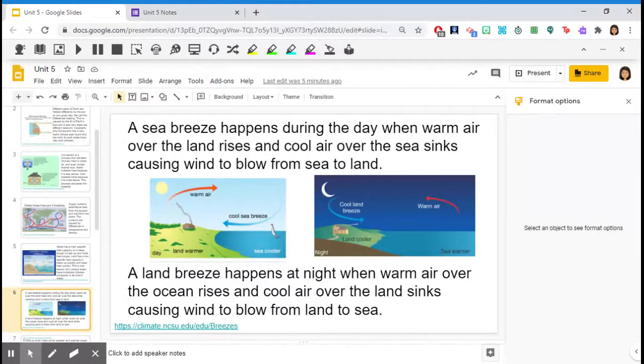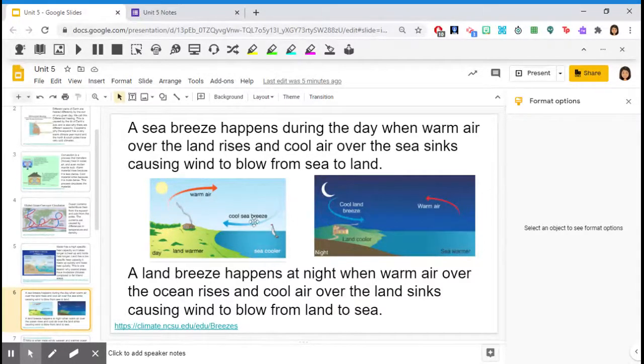Also during the daytime, the ocean does not heat up quickly. It's still cold from the night. So the air over the ocean is cooler because the ocean's cooler. That cold air is more dense, it sinks, and then that high pressure of the cold air sinking wants to fill in the space of the warm air that's rising because it's less dense.